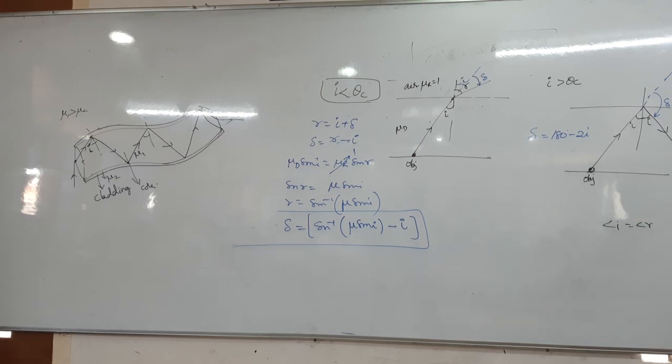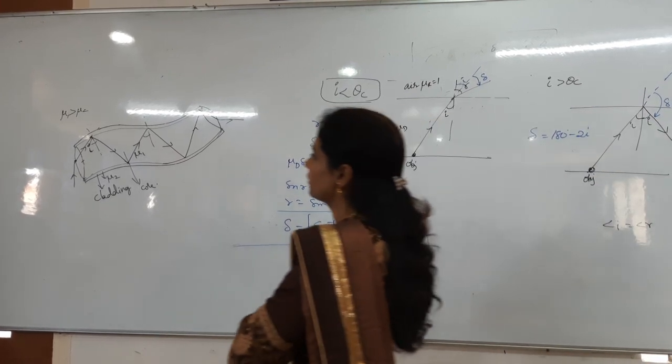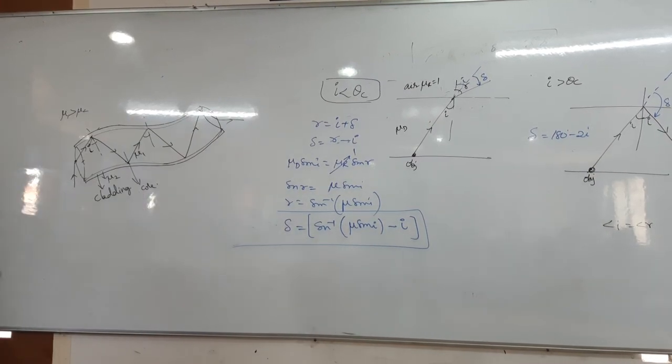Then TIR occurs. Again the incident angle on the other boundary is greater than the critical angle. Again TIR, and so on.